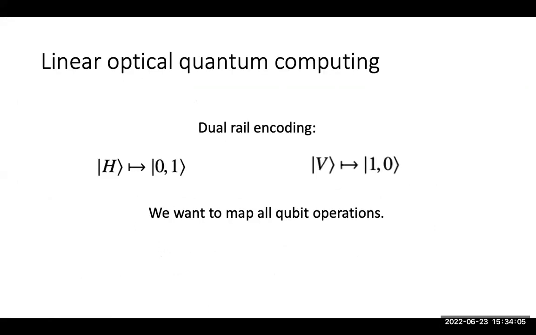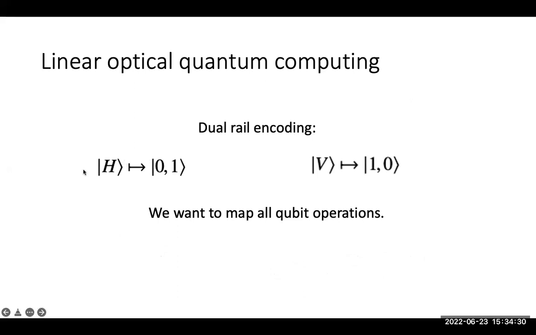So how do we apply this to linear optical quantum computing? The idea is simple. You want to replicate qubit computing in the Fock space. And the way you're going to do it is you're going to encode a qubit as a pair of spatial modes, as a pair of optical modes with one photon in them.